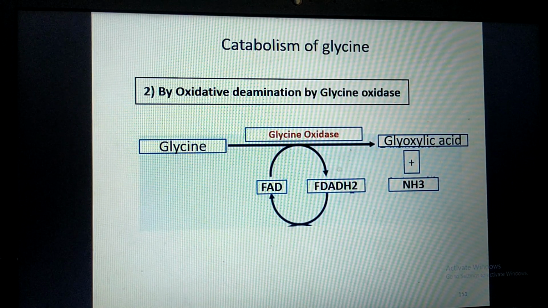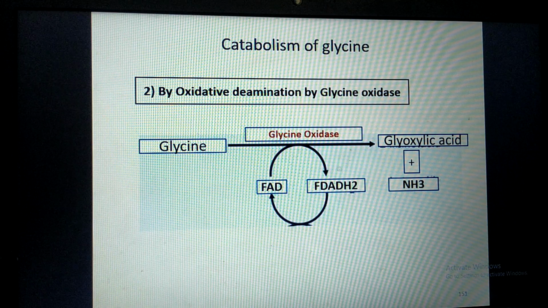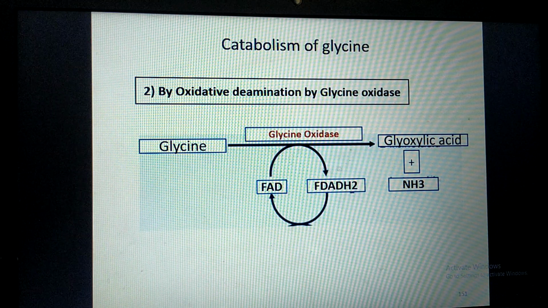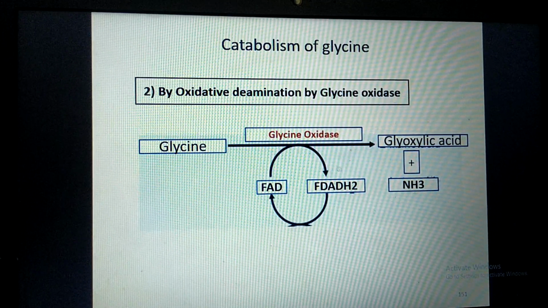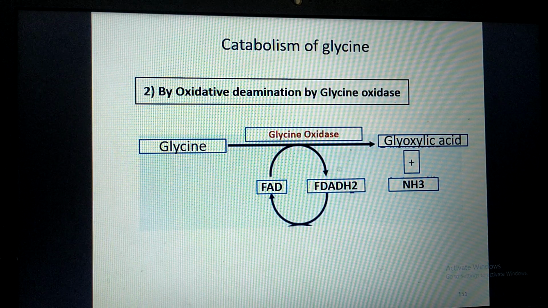The second method of catabolism of glycine is by oxidative deamination by the glycine oxidase enzyme. So this enzyme acts on glycine, removes the amino group along with removal of two hydrogen atoms.